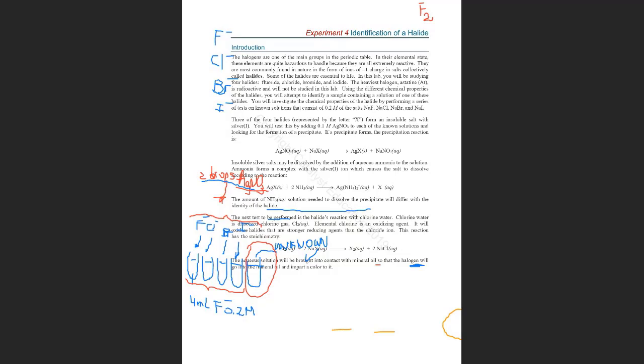Here it says AQ, that means aqueous, you dissolve the precipitate. This solid precipitate is dissolved with ammonia. And if you added 60 drops and you didn't dissolve it, then you're going to say 60 plus, and you know it's silver iodide.